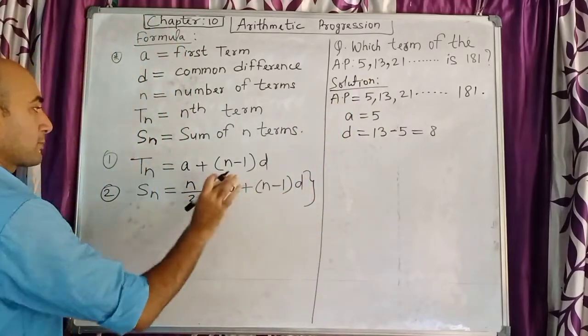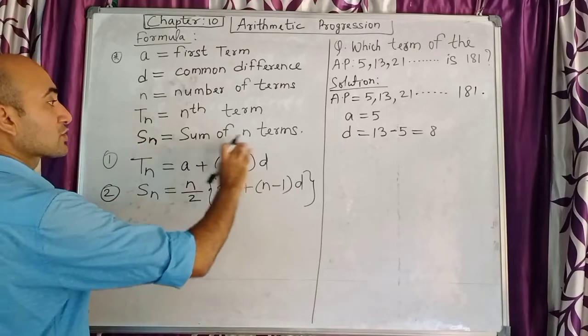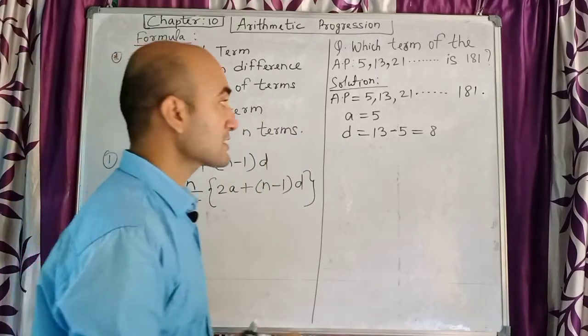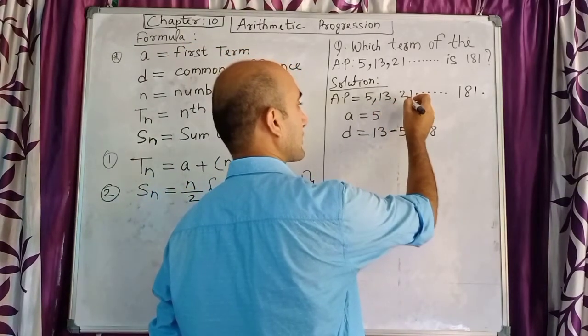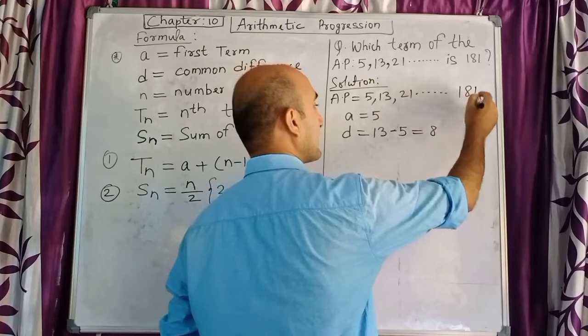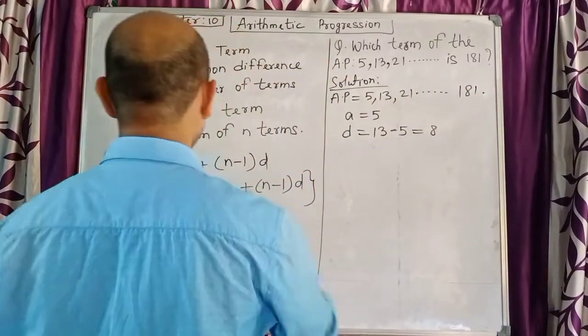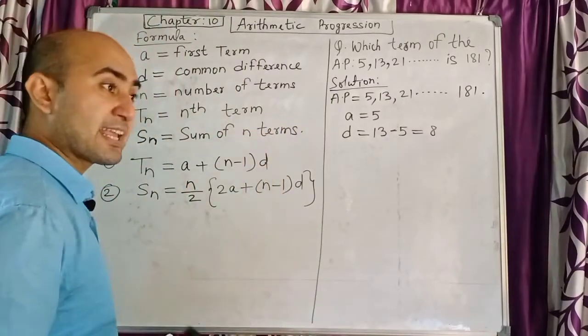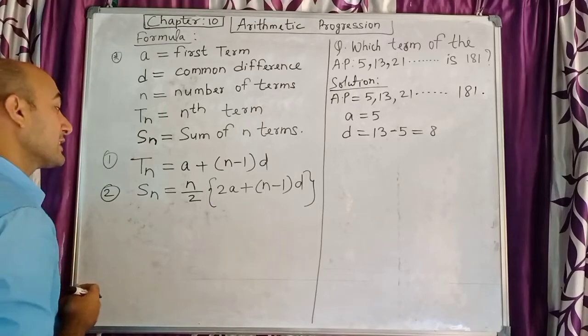We have two types of formula in this chapter. We have Sn. Sn means sum of the n terms. Sum means when we add each and every term, 5 plus 13, 13 plus 21, and we keep on adding till 181. That kind of sum is called sum of terms. All this adding is very challenging to do manually, but the formula will help us to add very easily.